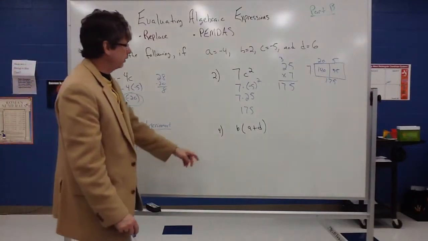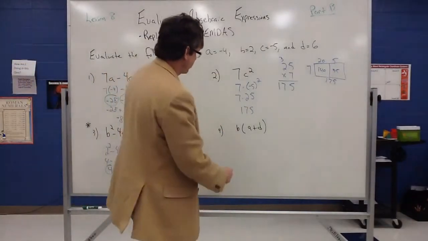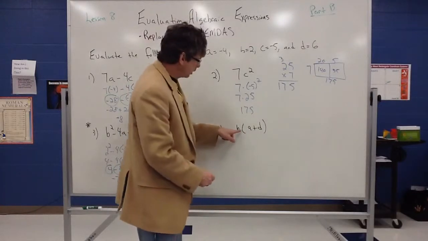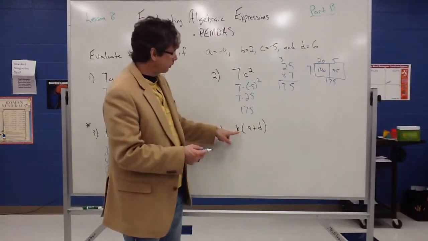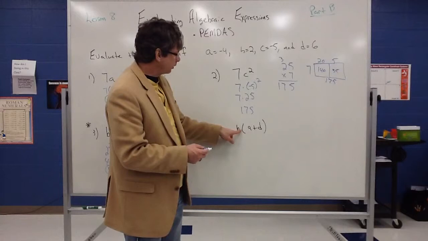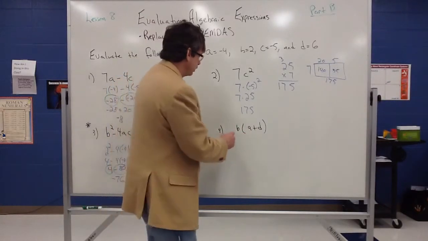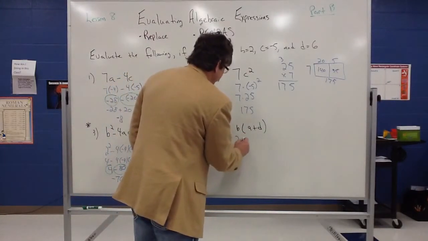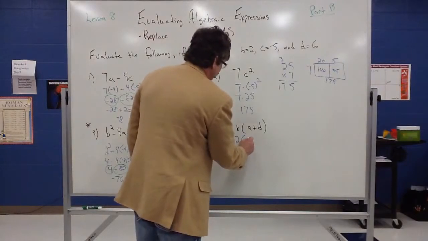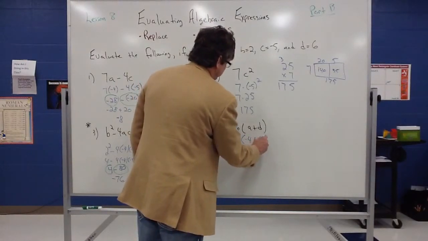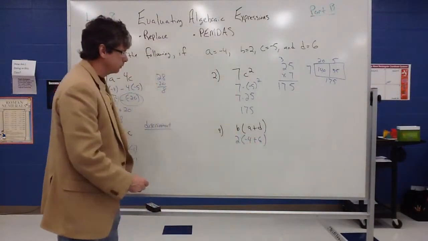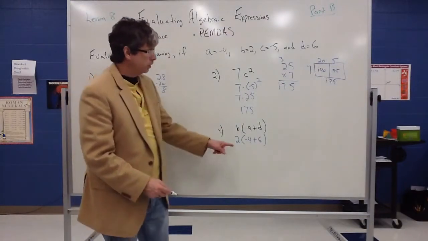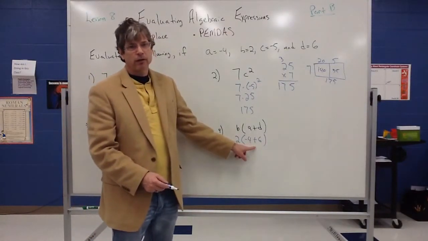Our next example, we have to replace the b with the 2. Again, remember reading this thing, these parentheses stand for the quantities. So it's b times the quantity a plus d. So we have 2 times the quantity, negative 4 plus 6. Or remember with addition, addition implies taking the sum of something.